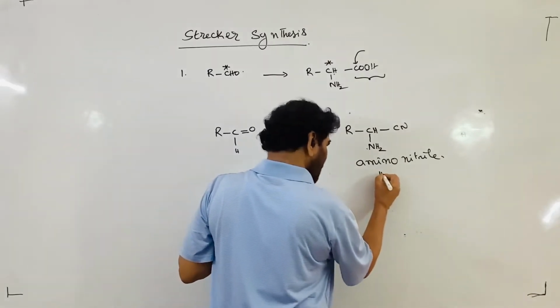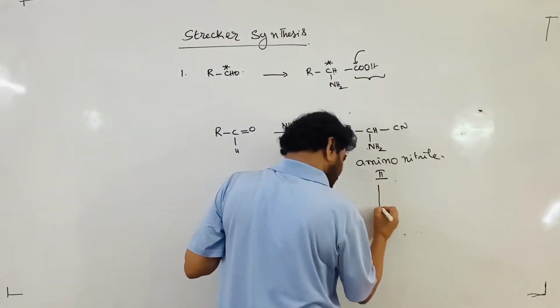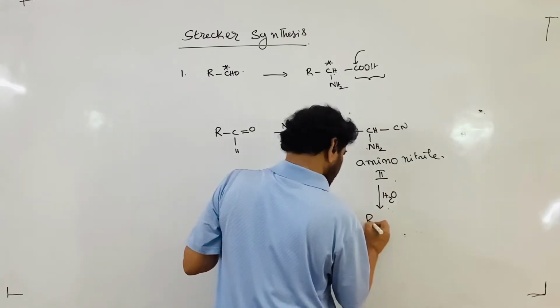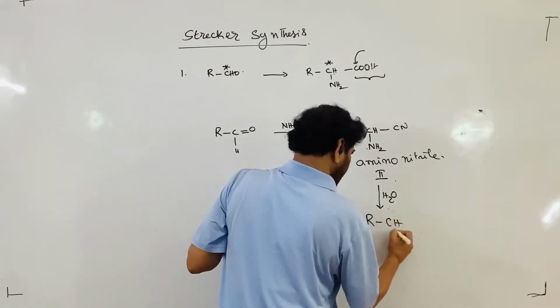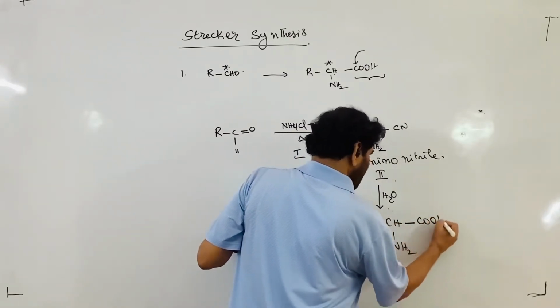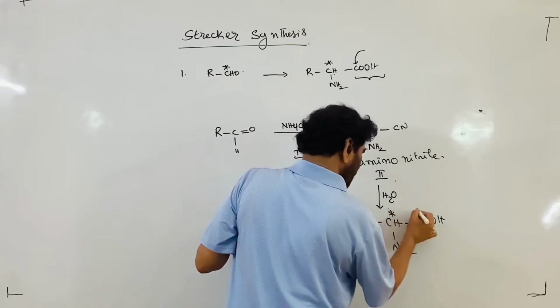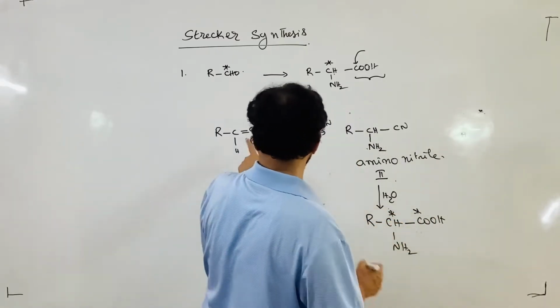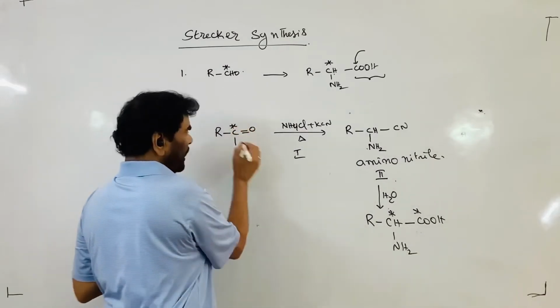The resulting aminonitrile intermediate on hydrolysis gives R-CH(NH2)-COOH. See what happened? This is the cyanide carbon, and this is the carbonyl carbon, the aldehyde carbon.